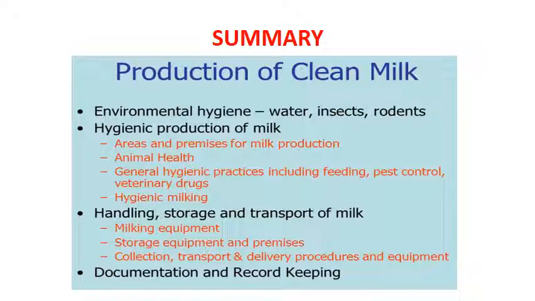So now we are at the end of today's lecture. I will just summarize. Today we have discussed the microbial quality aspect of milk and how to maintain the quality. We have discussed the microbial contamination at the milking shed or at the farm level and different aspects of microbial growth, the phases of growth like lag phase, log phase and stationary phase, and how microbial growth is affected by temperature and time.